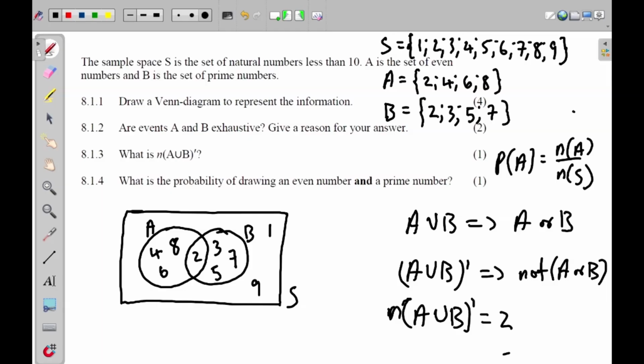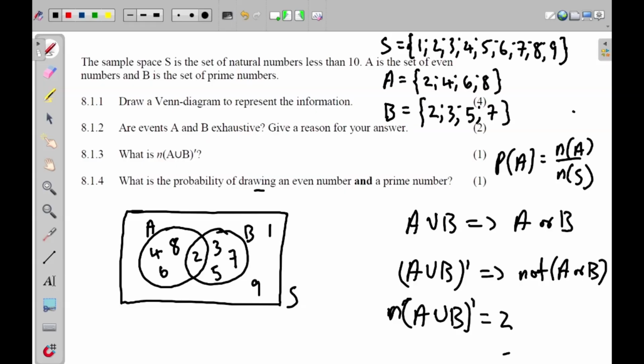Finally, what is the probability of drawing an even number and a prime number? And I hope you notice how they have bolded the word "and" in this case. They are trying to say to you, we want the probability of the intersection.